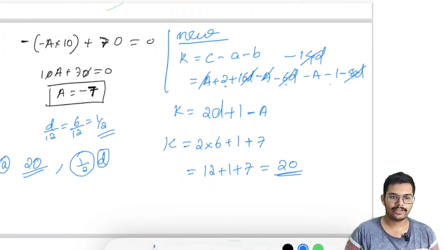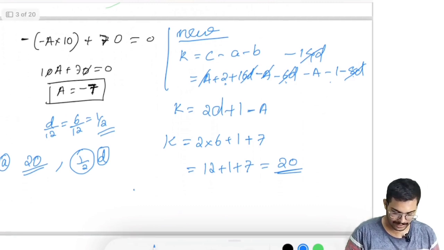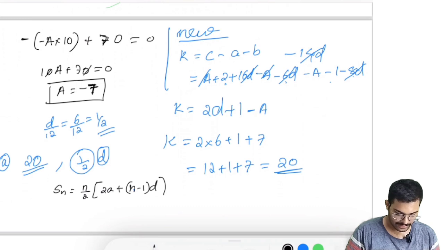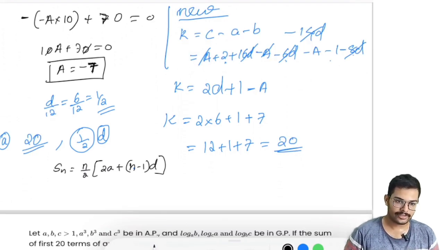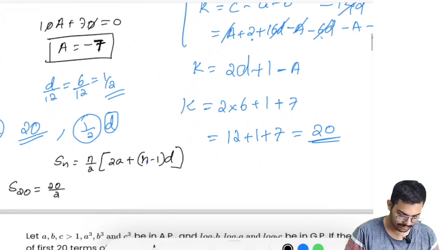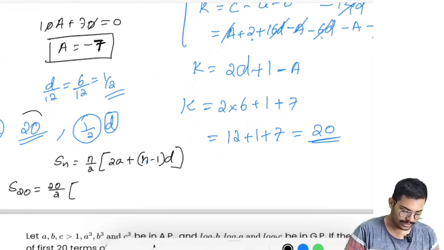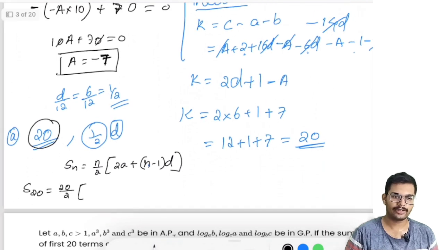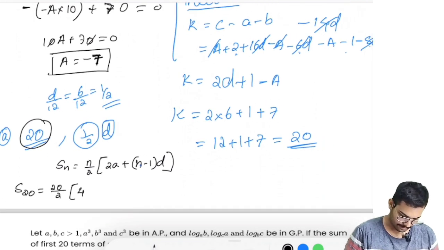Now what is the formula for the sum of the first n terms of an AP? Sn equal to n by 2 into 2a plus n minus 1 into D. Now we can calculate the sum of the first 20 terms of the new AP formed. S20 equal to n by 2, which is 20 by 2, into 2a. 2 times the first value. Here the first value is 20. 2 into 20, 40, plus n minus 1. N minus 1 is 20 minus 1, which is 19, into D, which is half.